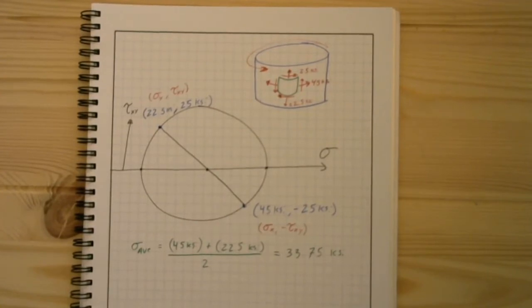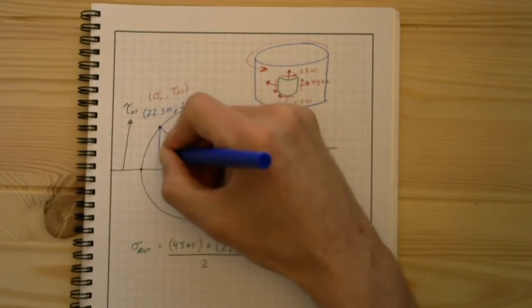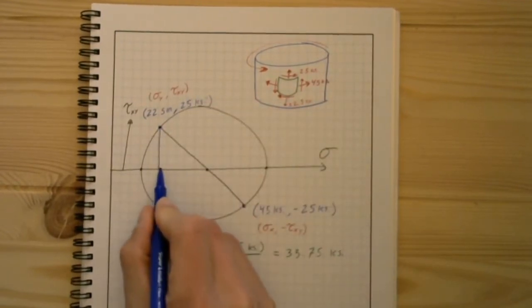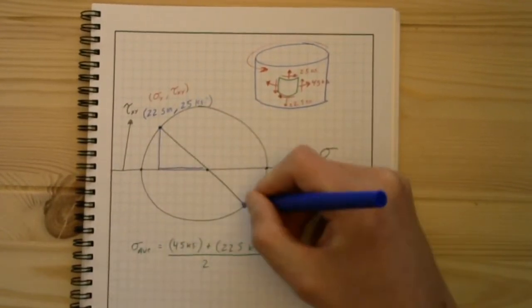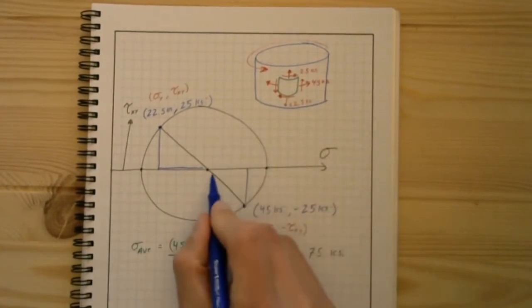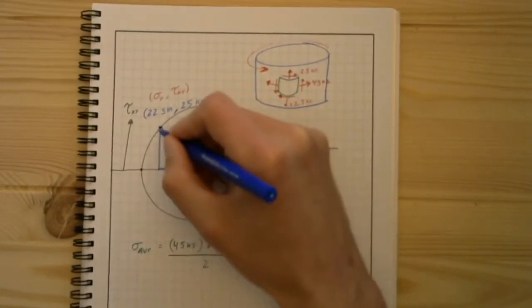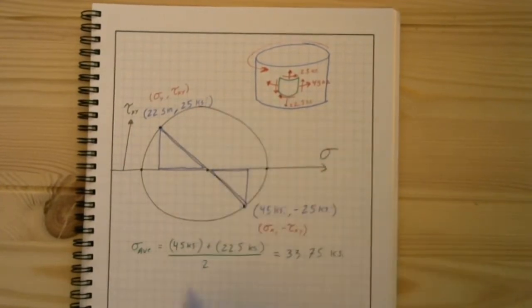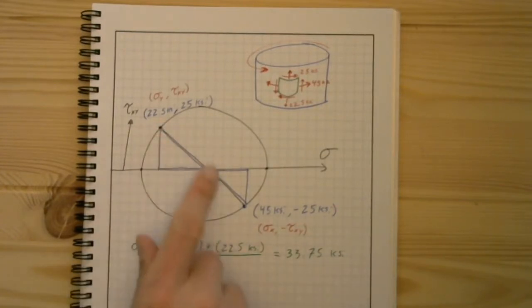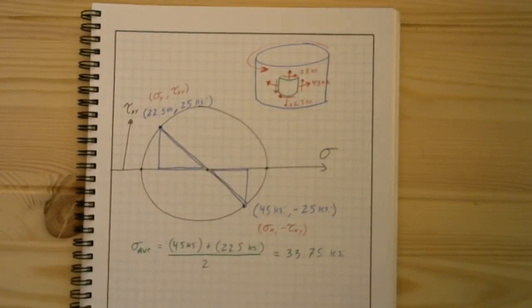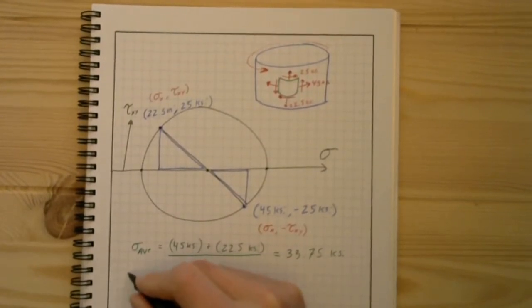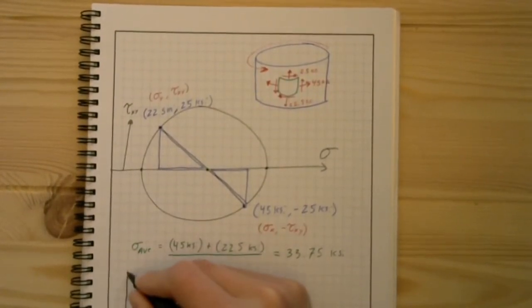Now, we can take one of these triangles. It doesn't matter which one. We can take this triangle right here, or we can take this triangle right here. They're going to be the same triangle. They'll look better if you properly draw your Mohr circle, but you just pick one of these circles. I'm going to pick this one because it's just how it's oriented.